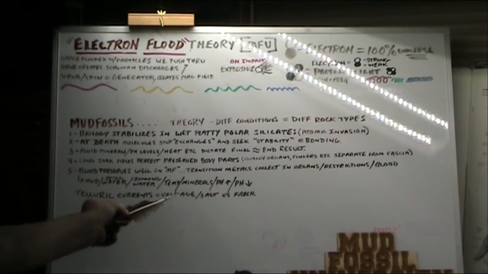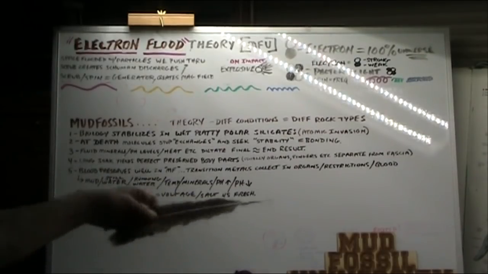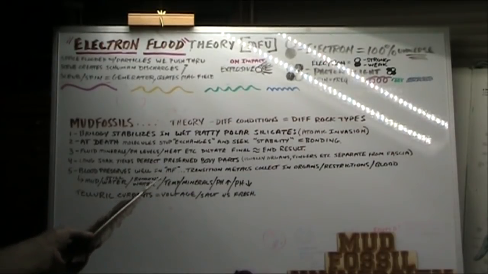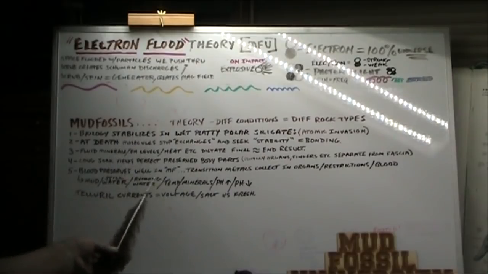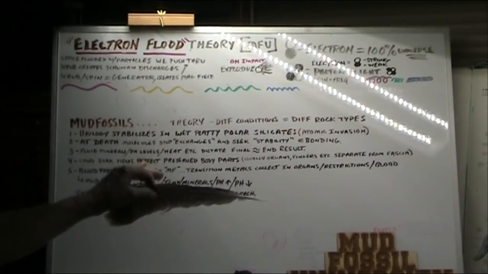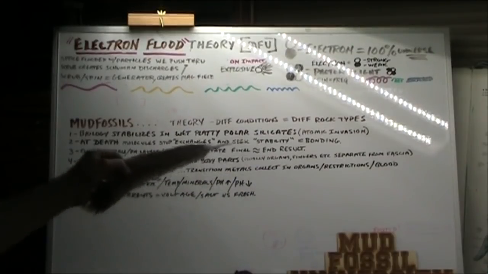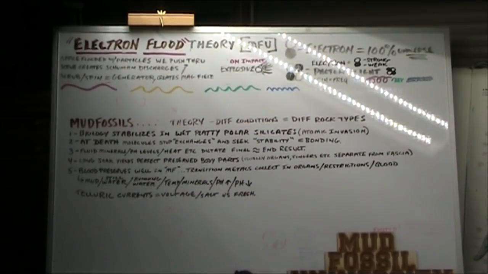And then it really literally creates a voltage. And then it depends on if it's salty, if it's fresh waters, and how invasive the molecules become. And then it's a process of stability, then it's a process of drying out, then it's a process of, they are stones. And that's what mud fossils are.